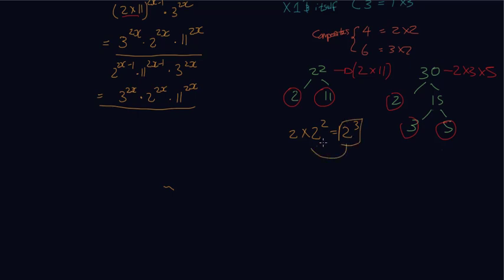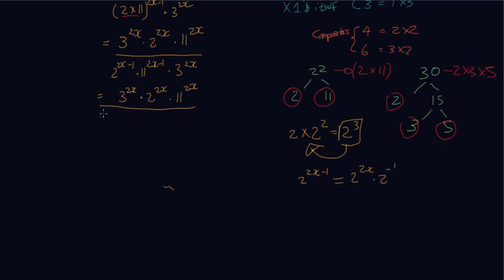So we can simplify just like this one, because it gives us 2 to the 2x minus 1, and then we can rewrite it as 2 to the 2x times 2 to the minus 1. It's not 2 to the 2x minus 1 times 11 to the 2x minus 1 as it stands. We want the base on its own with its own exponent.